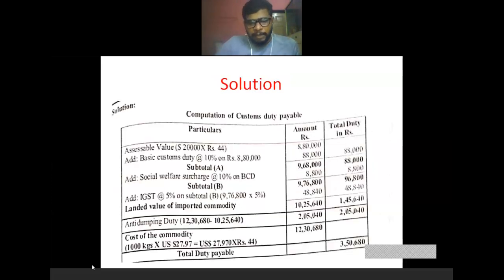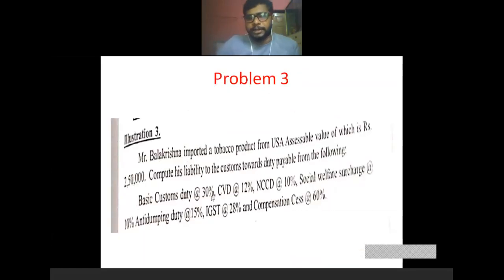In the previous problem anti-dumping duty you calculated at the end, but this anti-dumping duty is given in terms of percentage in the third problem, therefore you write it before subtotal B itself. I hope you have understood. See the format, then you will understand.